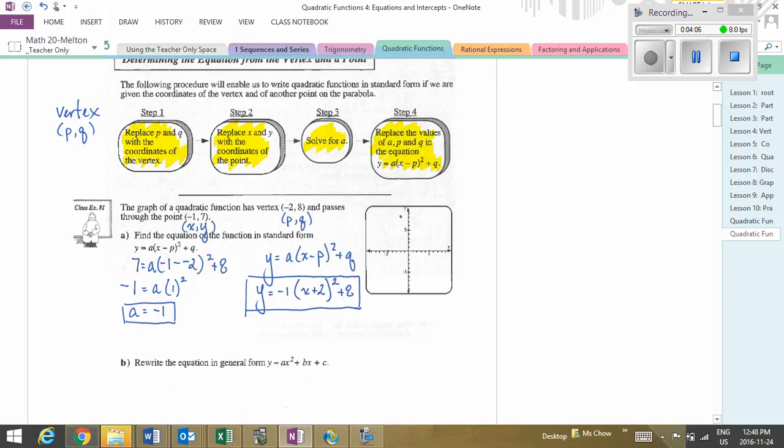And then because the stretch factor is just 1, it's not actually stretching, but -1 is my a value, which means that it's reflected, so it opens down. Since there's no stretch factor other than 1, we can just do our standard, which is 1 across and 1 down.